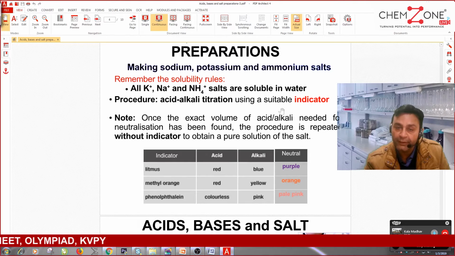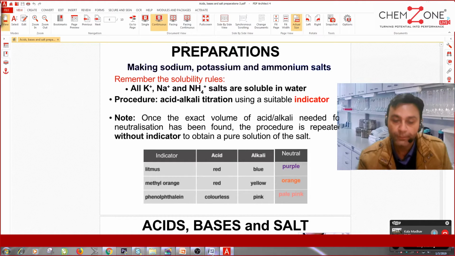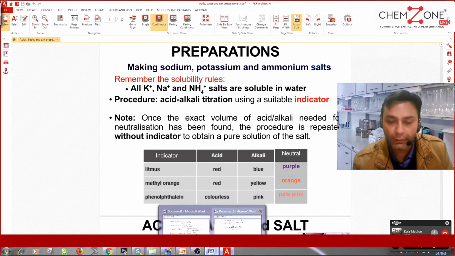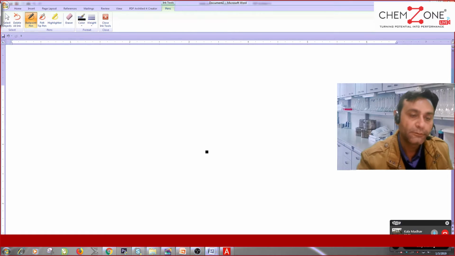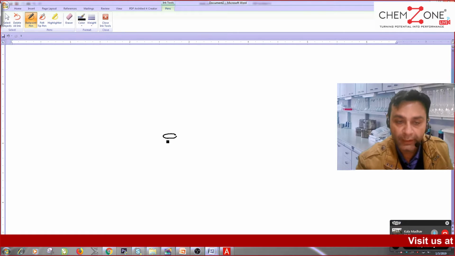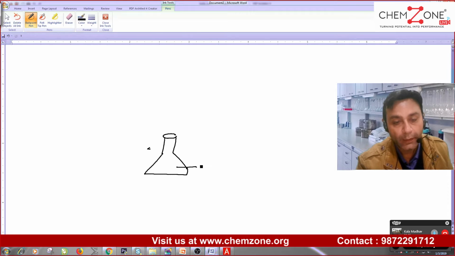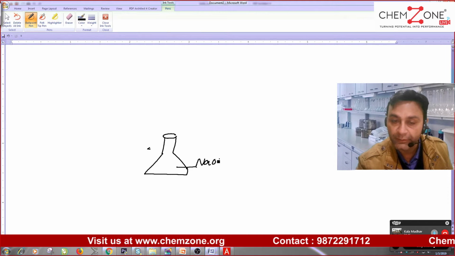Do you know what is the meaning of titration here? Sort of. Can you go over that? I'll tell you in more detail. Suppose I take a conical flask, and I put sodium hydroxide in it.